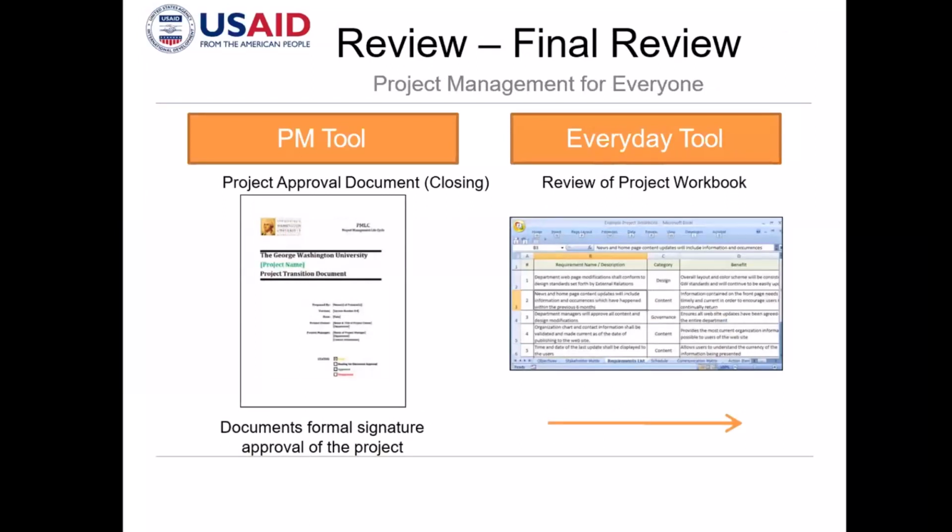And then once you are done with the final review, we have to close the project, right? And in the corporate world, we normally have a project approval document or a closing document. So once all the requirements are met and we are ready to turn over the project to operations, each major stakeholder and each of the project team will have to sign off to the closing document.